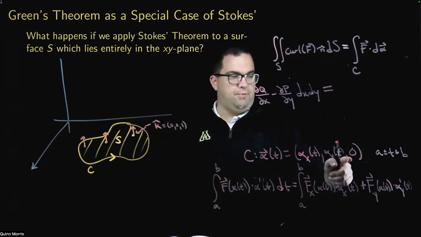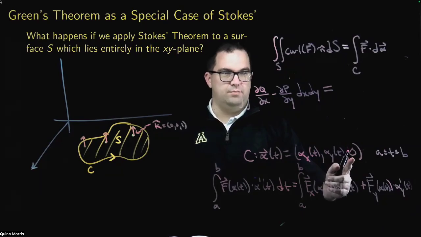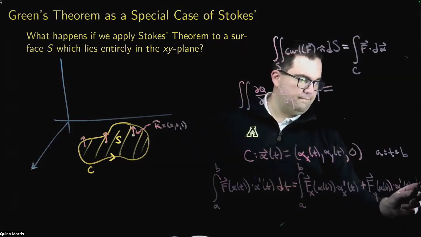But then if I go to do the z part, the derivative of this with respect to t will be 0. So that term will disappear.